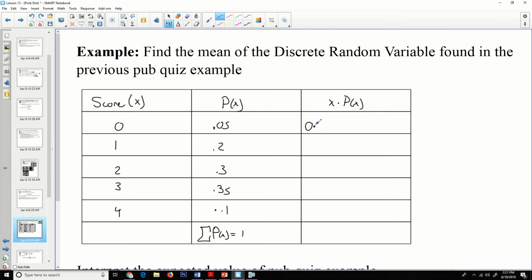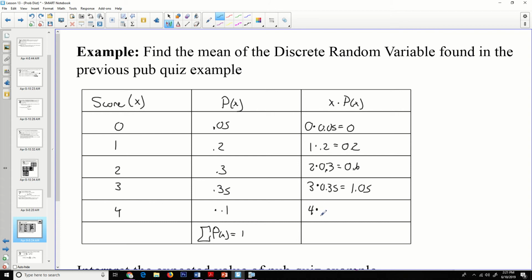So 0 times 0.05 is 0. 1 times 0.2 is 0.2. 2 times 0.3 is 0.6. 3 times 0.35 is 1.05.